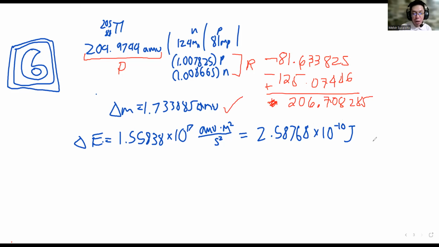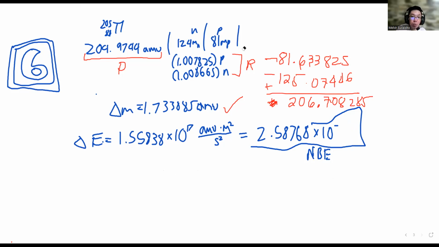So ayan, from there, you can now get the nuclear binding energy per nucleon. Diniretso mo na yan, no? Nuclear binding energy. Usually, nuclear binding energy, Josh, is expressed in kJ per mole. Pero you can get now there the joule per nucleon o kaya kJ per nucleon.